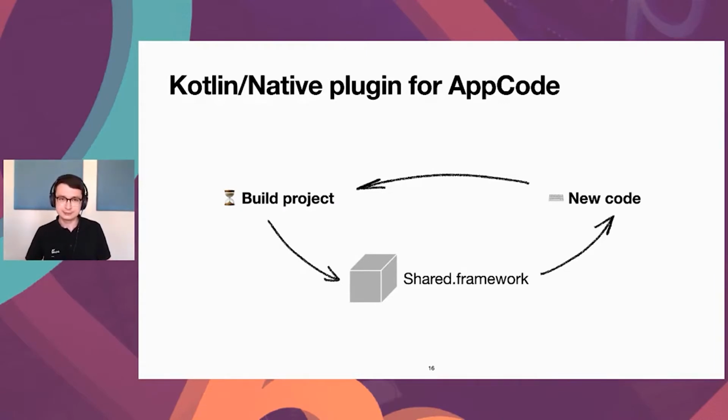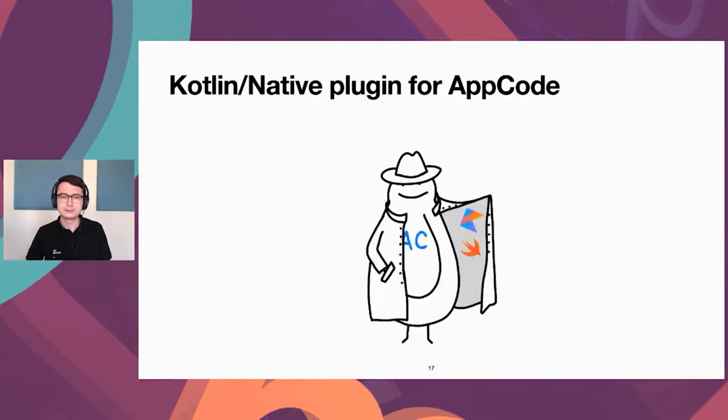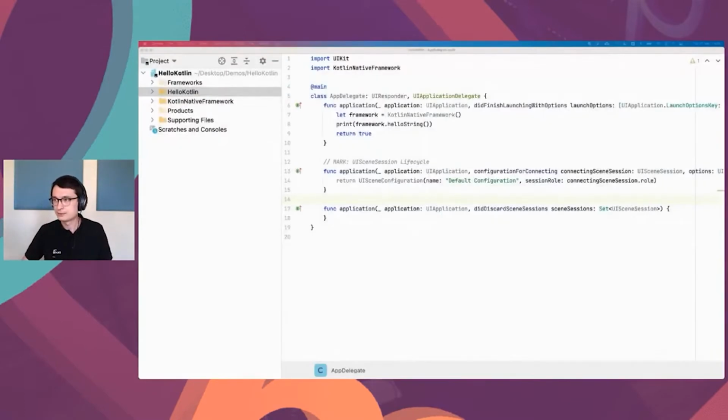And in the latest release of the Kotlin native plugin, in 2021, we resolved this problem. And let me just do a quick demo of how it works now. So here you see just the project. First of all, it's in AppCode, and let's see the structure.